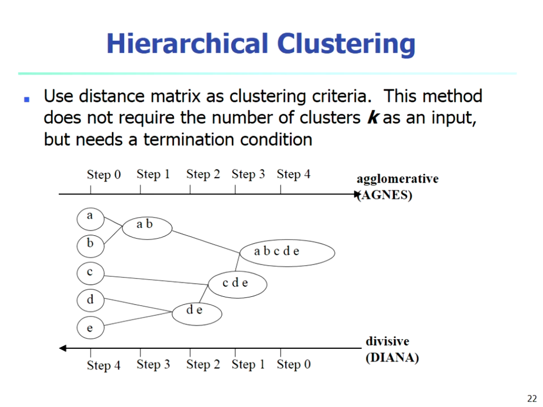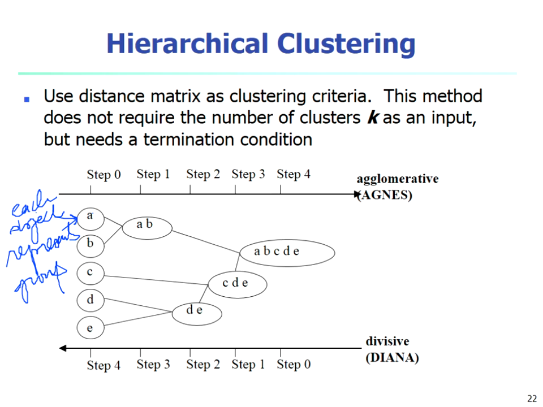The first one is agglomerative. Agglomerative, that means in the first step, each tuple, each object represents a group. So in step number 1, we will merge together two objects.